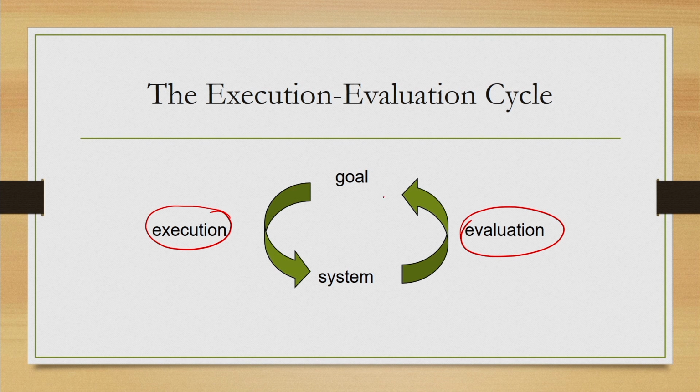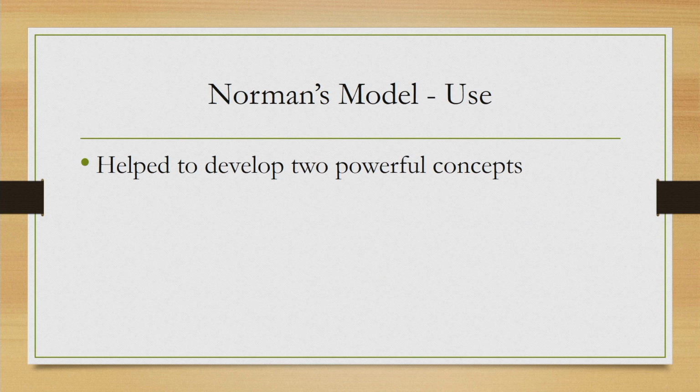If there is a match, the cycle stops, otherwise again the execution starts and evaluation takes over and the cycle continues. So, this is the execution evaluation cycle. This is a nice way of understanding how the interactions, rather than the interactive system, take place.